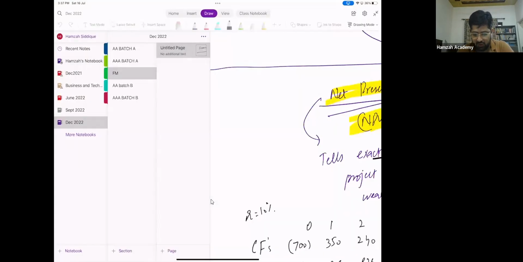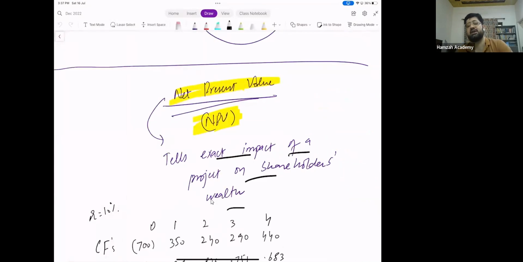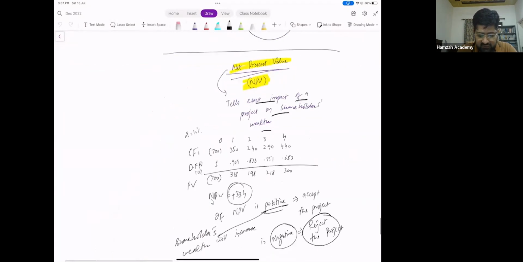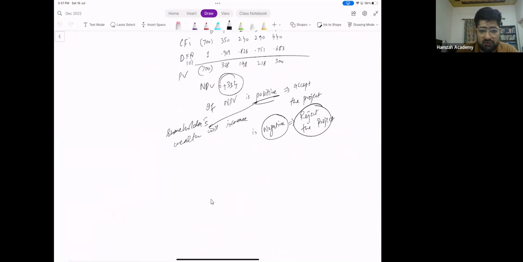We talked that NPV tells the exact impact of a project on the shareholder's wealth. When NPV is positive, the wealth of the shareholder is increased. And when NPV is negative, the shareholder's wealth is reduced. We talked about both.